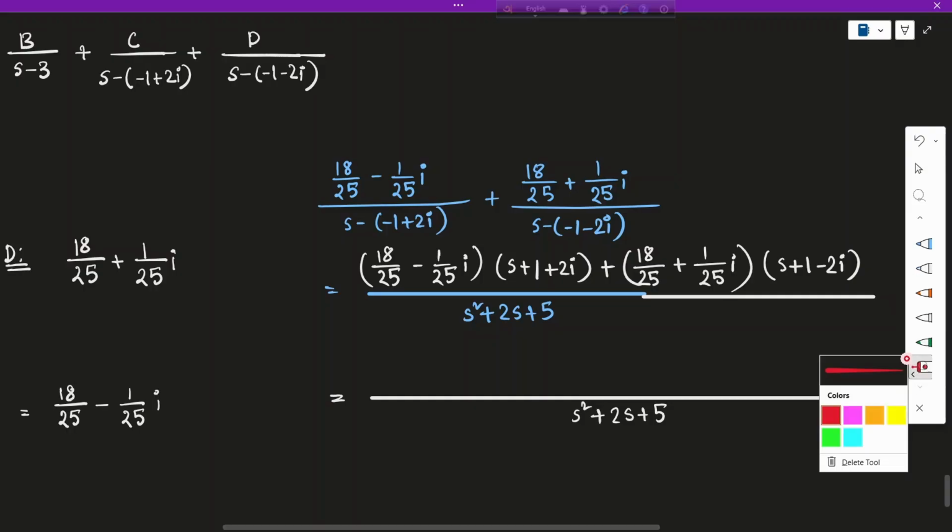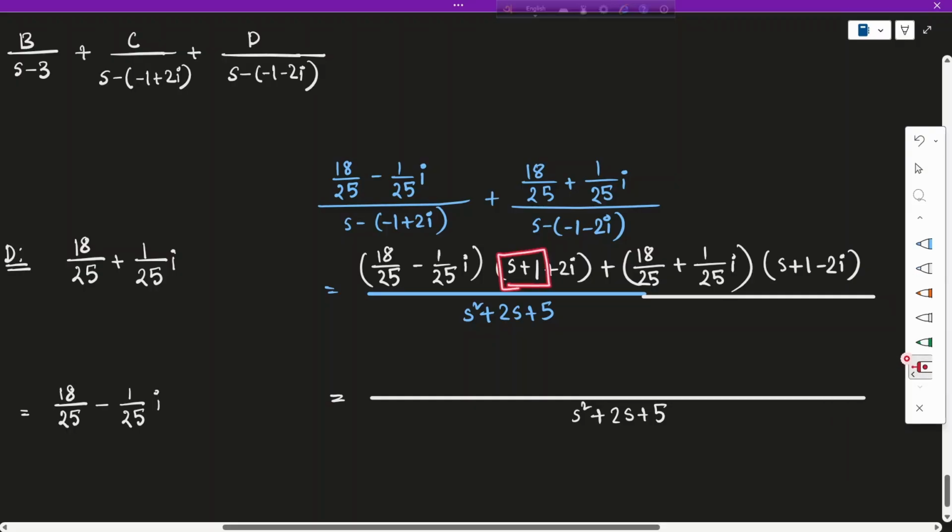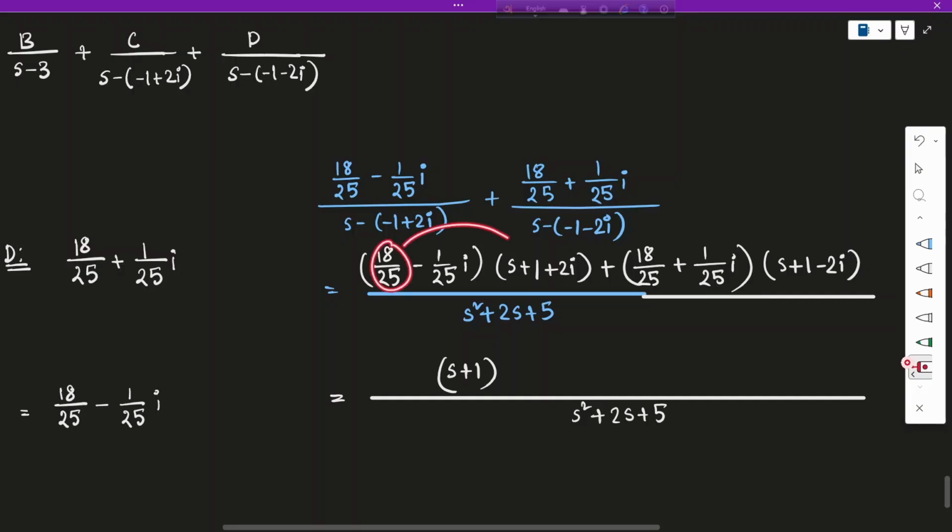We can actually take this thing common. So the coefficient of s plus 1 is going to be 18 by 25 multiplied with s plus 1 here, and 18 by 25 multiplied with s plus 1 there. So it's 2 times 18 divided by 25 times s plus 1.